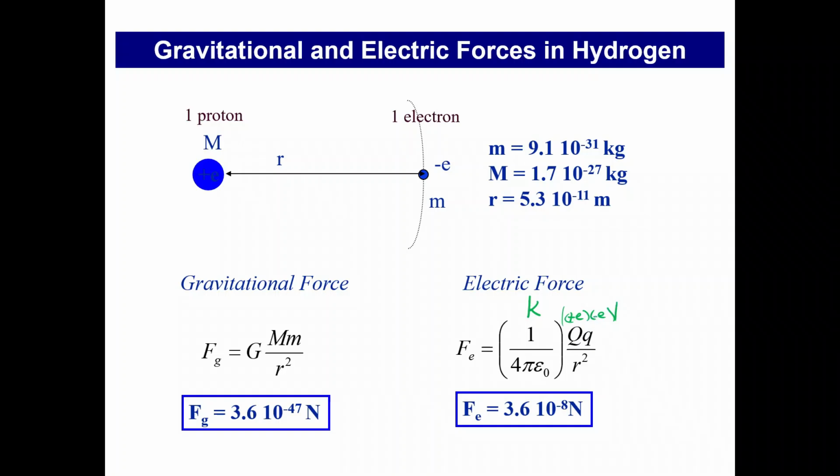So that's basically e squared. I can simplify this down to K e squared over R squared. We end up getting 3.6 times 10 to the negative 8th newtons. This is really impressive, because the gravitational force is times 10 to the negative 47th and this is times 10 to the negative 8, at the same distance. This is the electrostatic force of attraction between the proton and the electron.